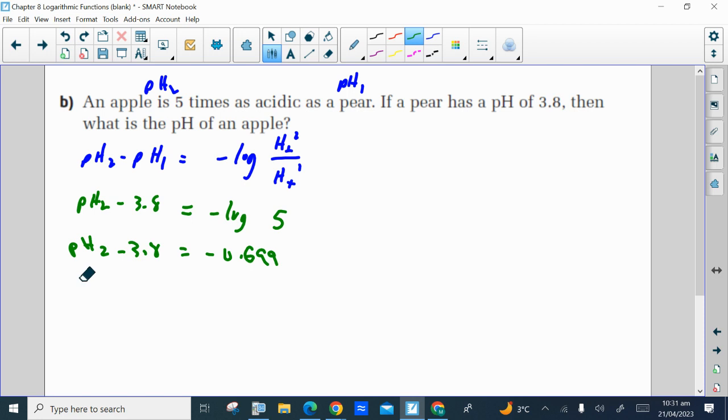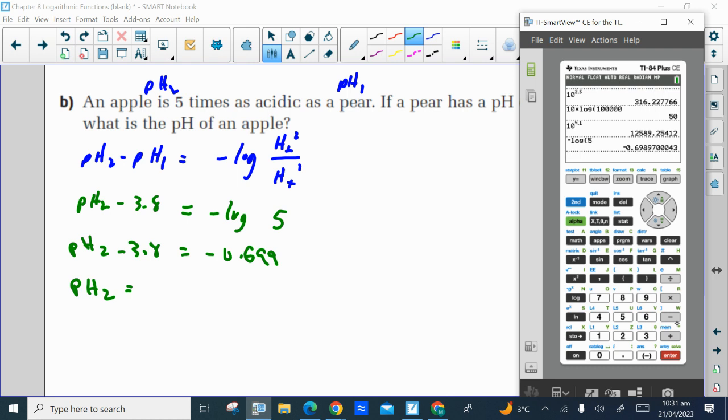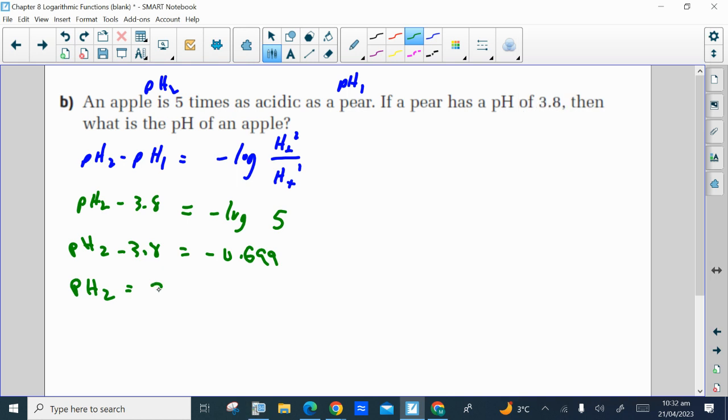And so then to get pH 2 by itself, we will just add 3.8 to both sides. We'll take that negative decimal that we found, add 3.8, and we'll get approximately 3.1. So there's our answer. That is the pH level of an apple that is 5 times more acidic than a pear. It goes from a pH of 3.8 to a pH of 3.1.